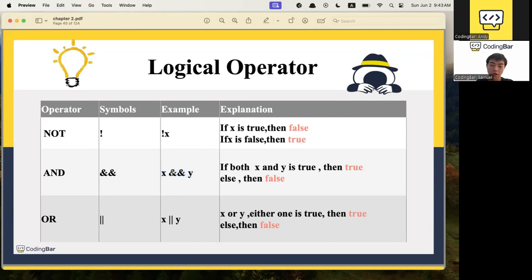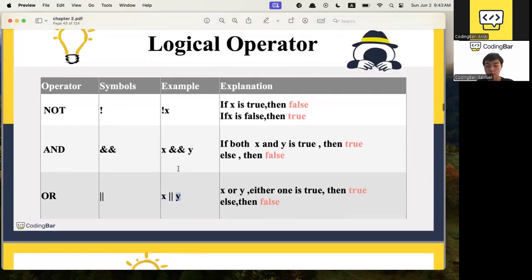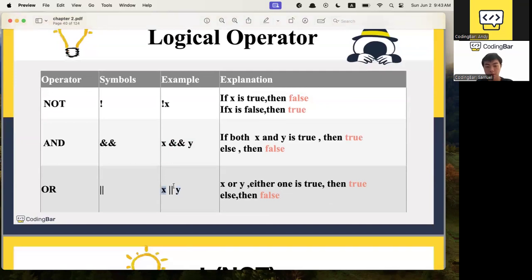If one of x or y is not true, then this calculates to false. Also, there's OR. OR means either x or y needs to be true. If x is true, this will calculate to true. If y alone is true, this will be true. Or if both of them are true, this will be true as well.